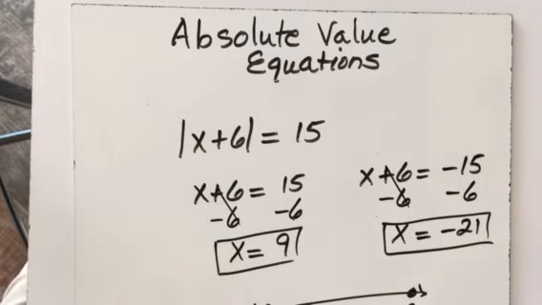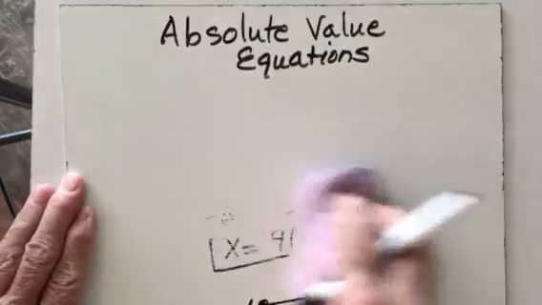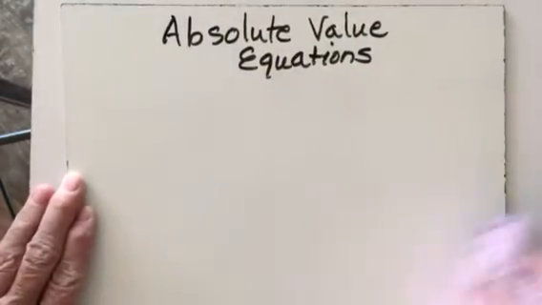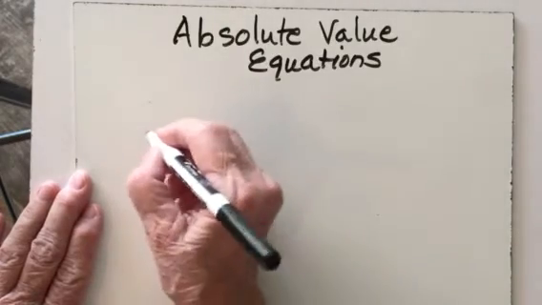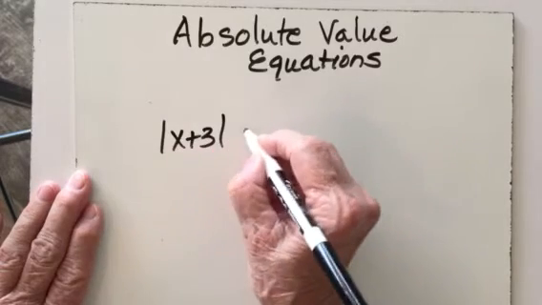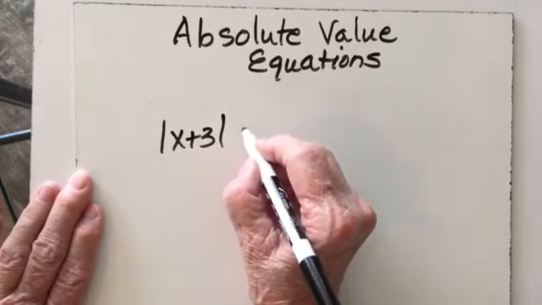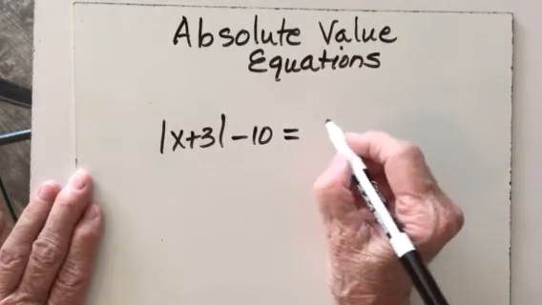All right, let's show another example. What if we have the absolute value of x plus 3, minus 10, equals -4?